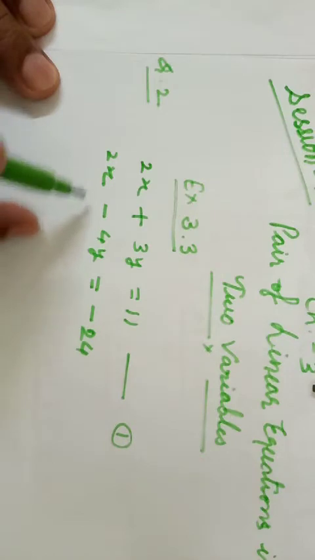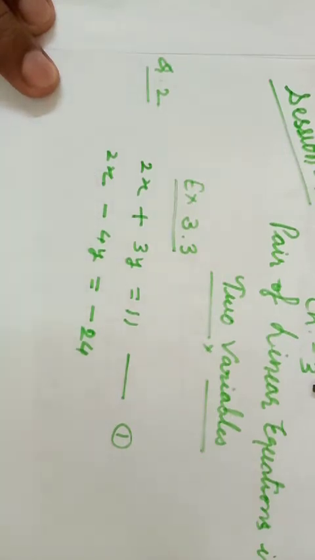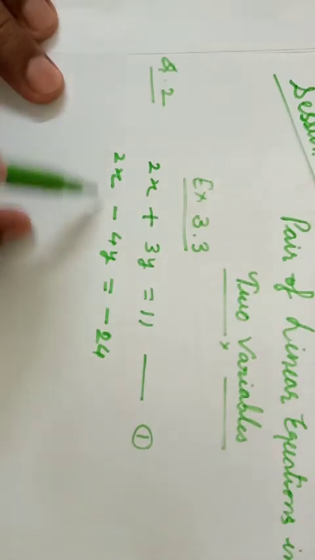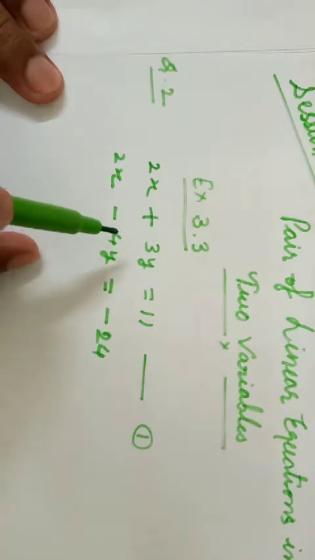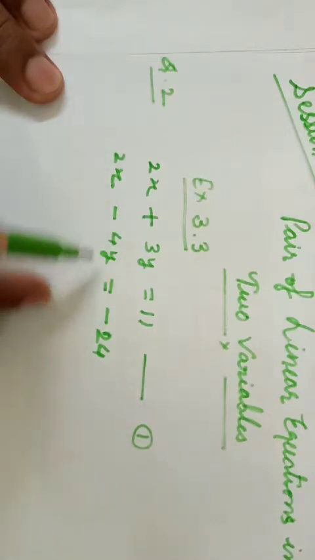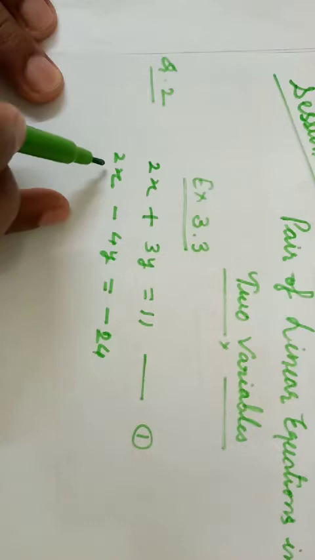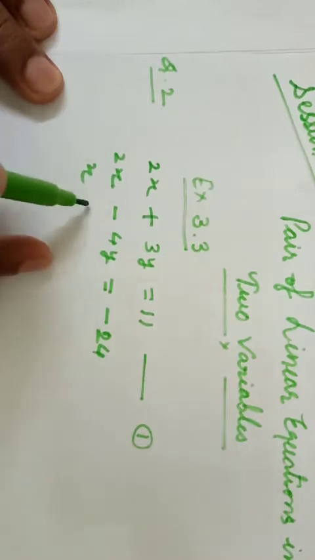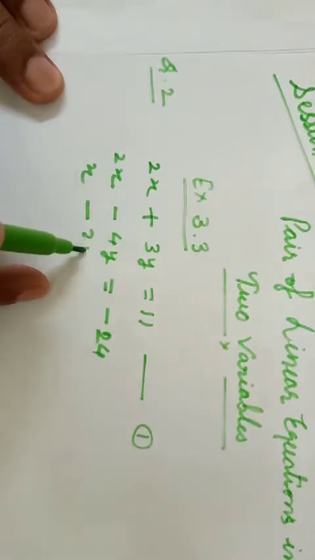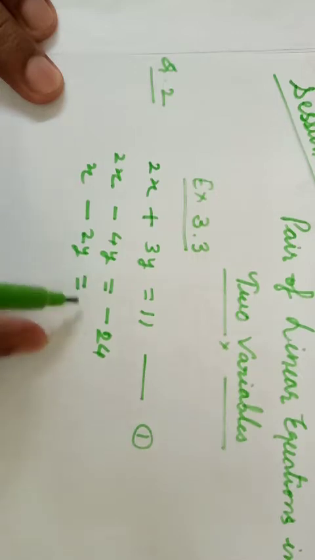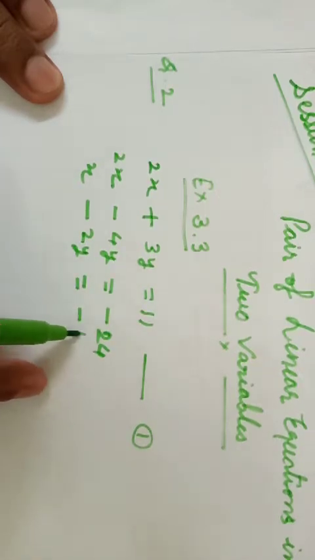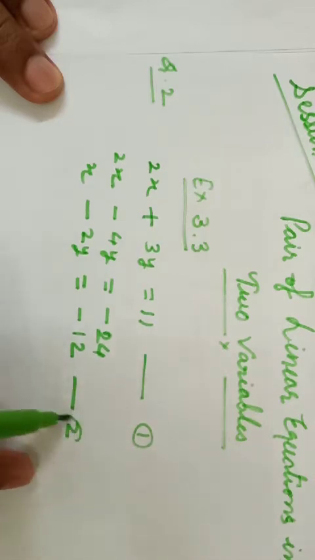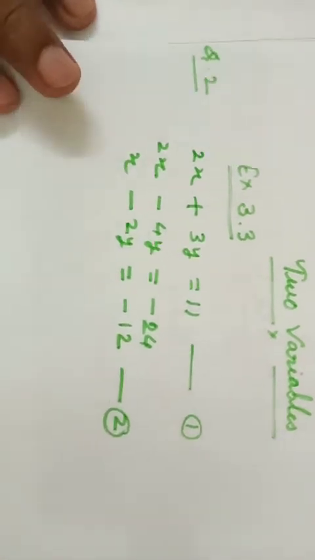There is 2 as a common factor, so just divide the entire equation by 2 and simplify it. When we divide the entire equation by 2, 2x upon 2 means x, 4y upon 2 means minus 2y is equal to minus 24 upon 2, it means minus 12. So we mark this as linear equation number 2. Clear?